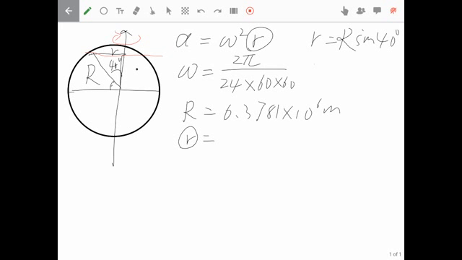Then you just substitute the number here. Okay, so trying to find the acceleration.